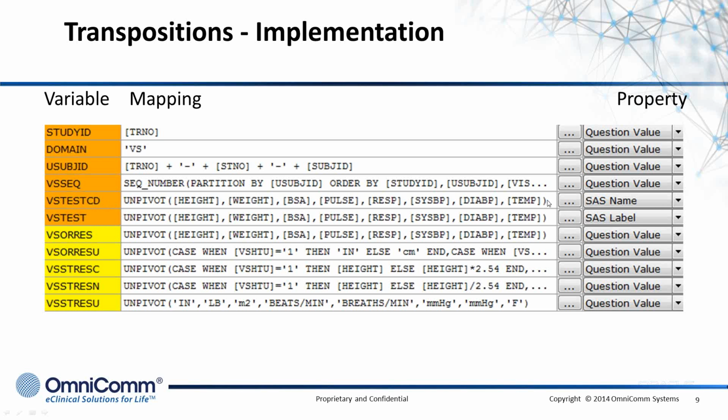And what we want to do, having unpivoted those, is take the SAS name and drop that in the column. So as long as in the study design you've made the SAS name for these variables match the control terminology for VS test code, it will work fine. Ditto the SAS label for the full test description, and then the actual value for the result.